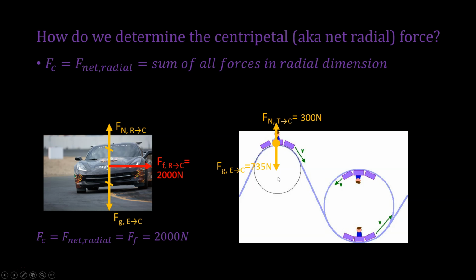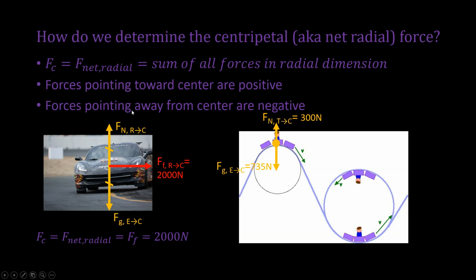We have 2 forces in the radial dimension, and they're pointing in opposite directions. We need to recognize that forces pointing towards the center are positive, and forces pointing away from the center are negative. Now we can use this information to calculate the centripetal force, keeping in mind that it's the net force in the radial dimension.